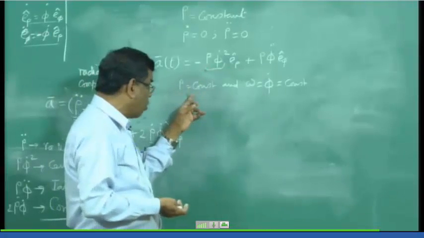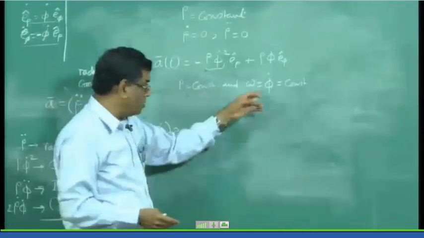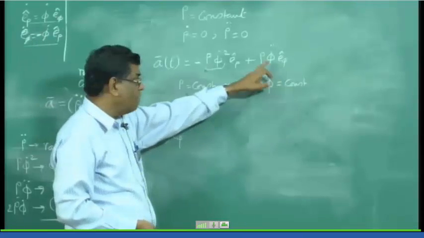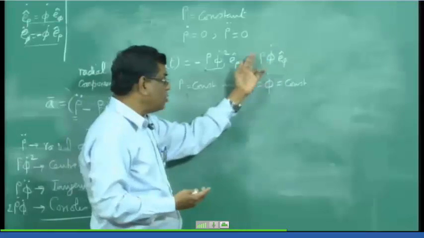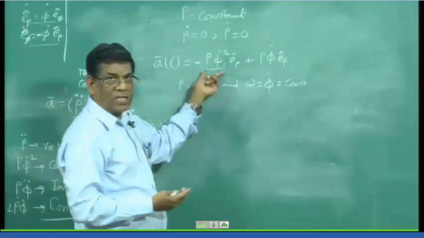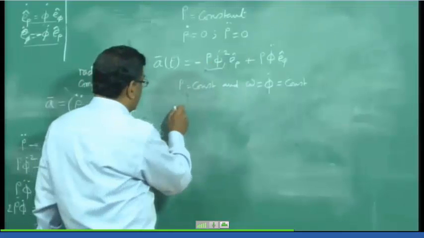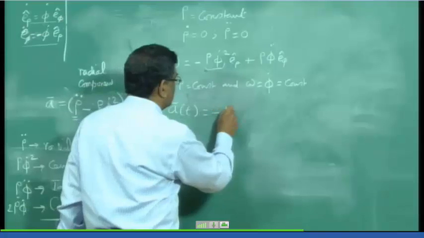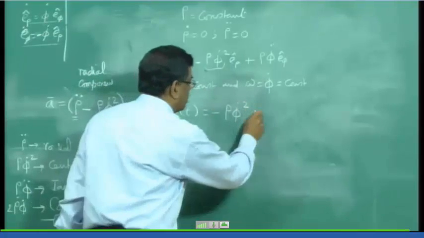But if I say rho is a constant, omega is also a constant, that means phi dot is a constant, so phi double dot is 0. And therefore this term will go. I will be left with only this. Phi dot is a constant, and therefore A of t will be minus rho phi dot square along the E rho.